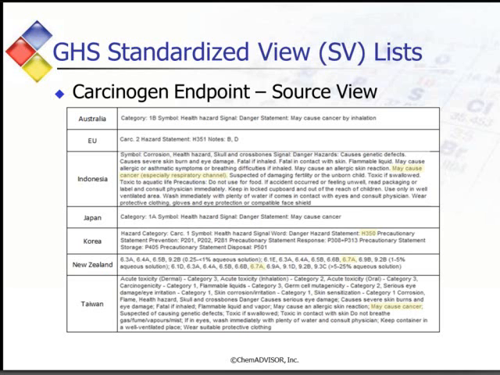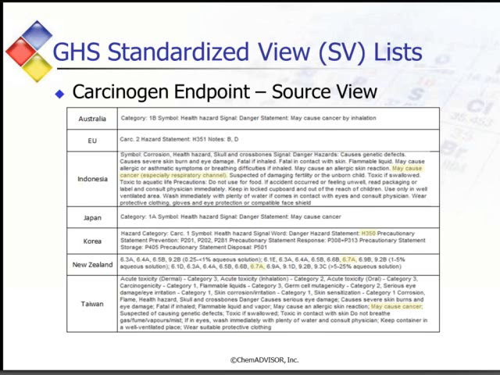New Zealand publishes their own unique abbreviations, and then finally Taiwan, again, may cause cancer for the carcinogenicity endpoint. So trying to then look at this information and digest, at a glance, can be very difficult. You have to weed through, especially Indonesia, Korea, New Zealand, and Taiwan, to pull out the information that you need.